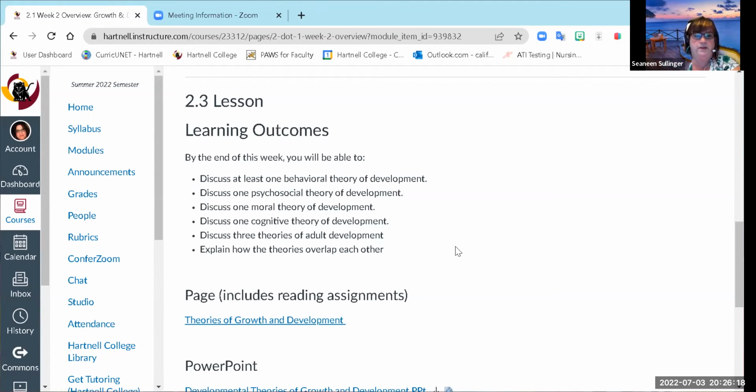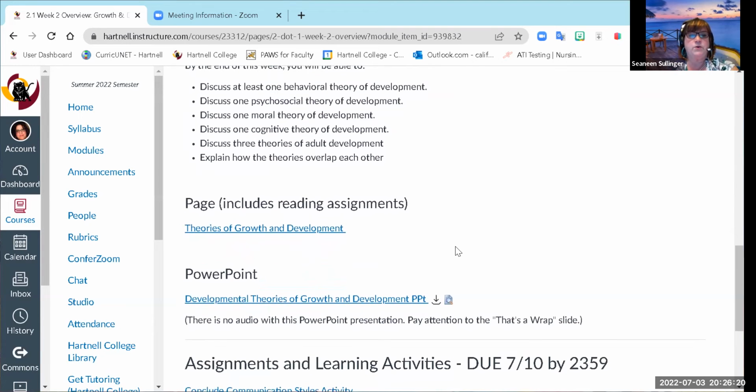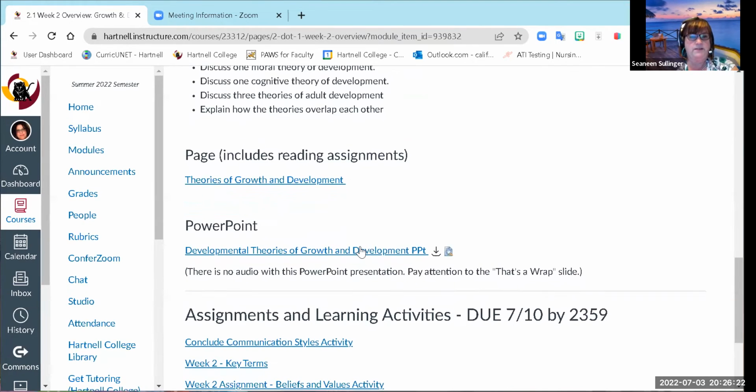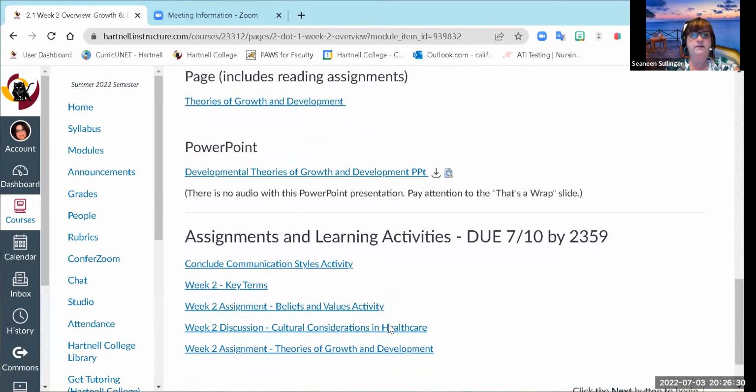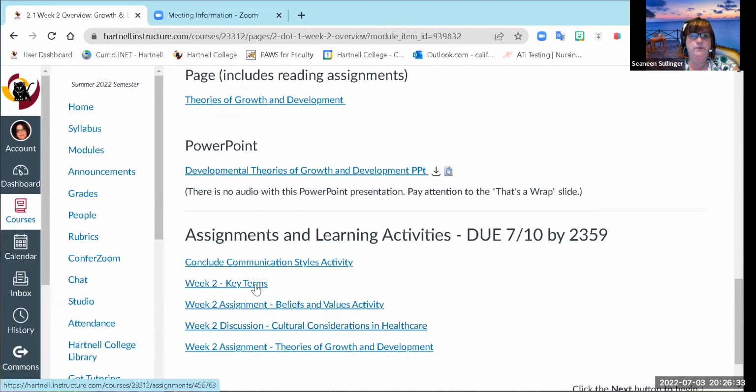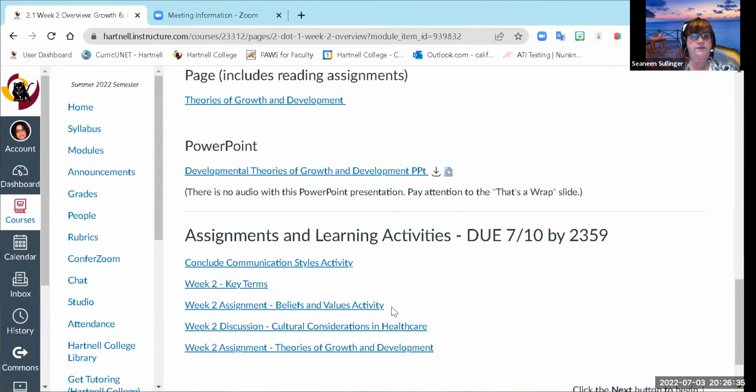And so you have a PowerPoint that talks about developmental theories, again, made a few years ago. Your assignments and learning activities, the key assignments, which we went over, the beliefs and values activity, which we went over, the week 2 discussion on cultural considerations in healthcare.